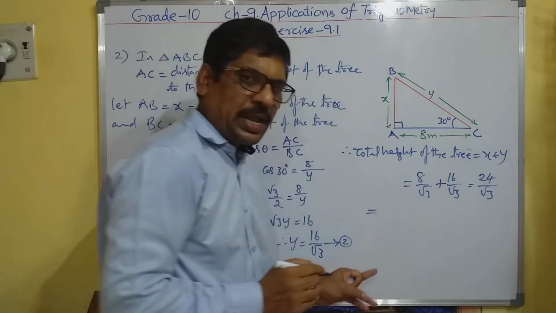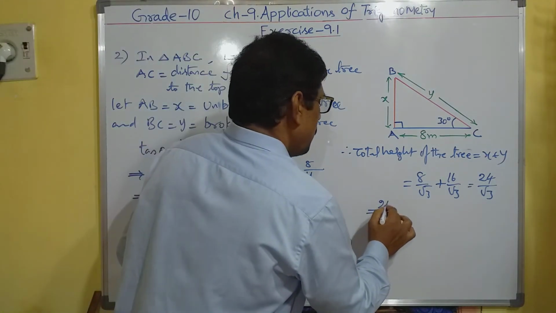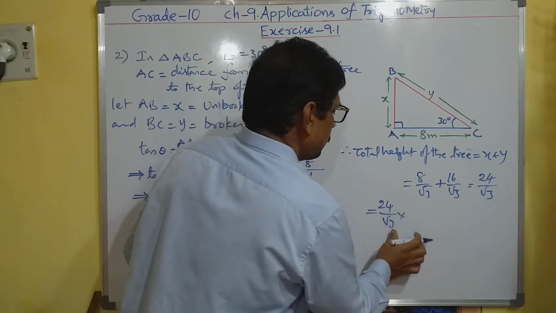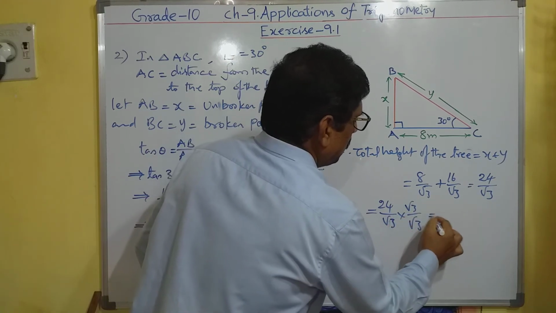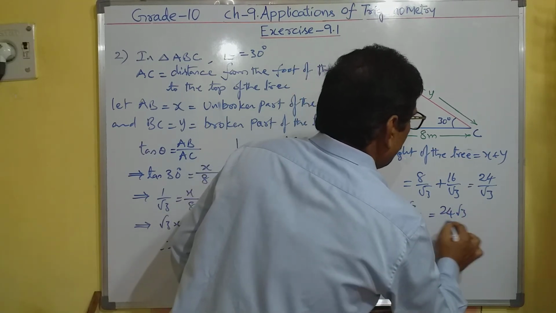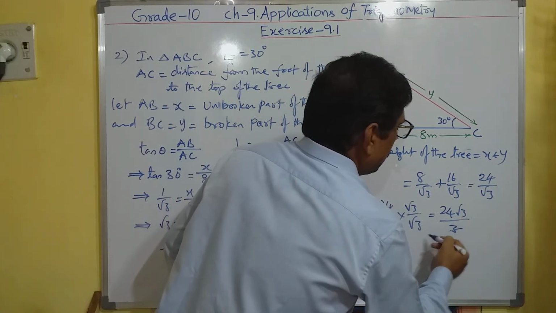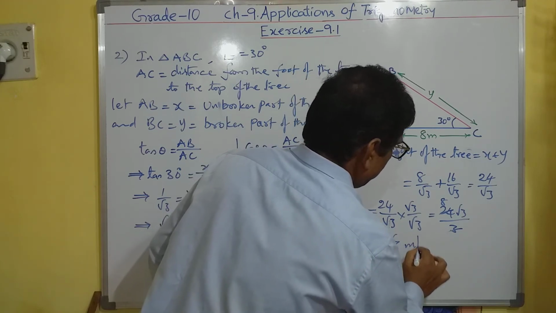We should rationalize this, because we have an irrational number in the denominator. 24 by root 3 can be rationalized by multiplying root 3 in the numerator as well as in the denominator. Now 24 root 3 by root 3 into root 3, 3 8s are 24. We get 8 root 3.